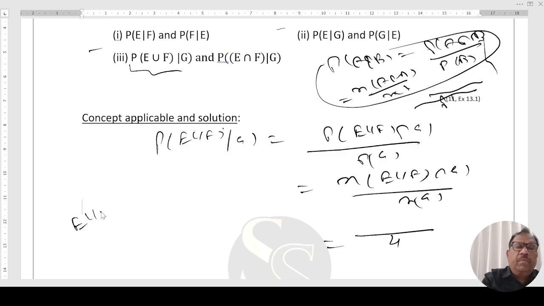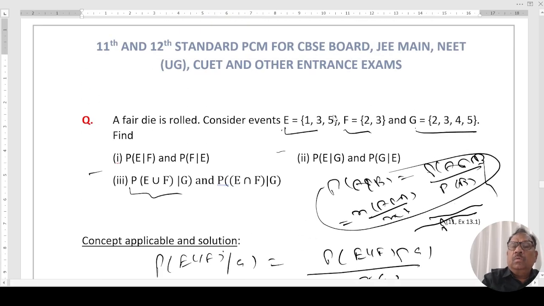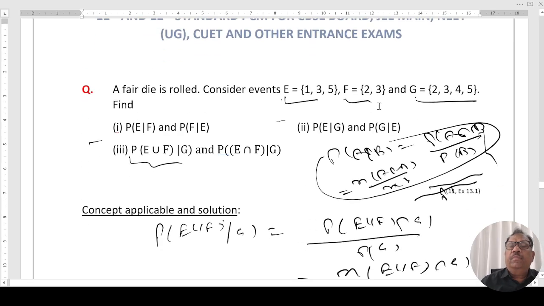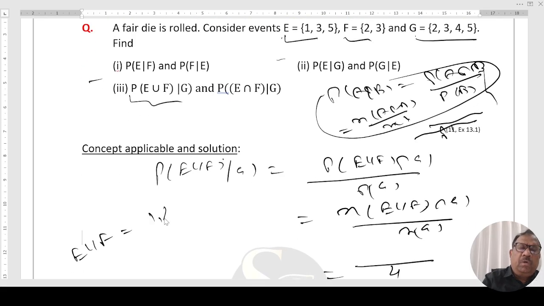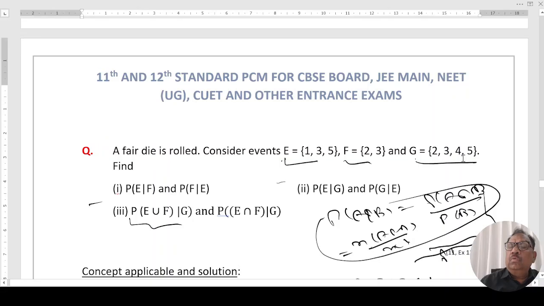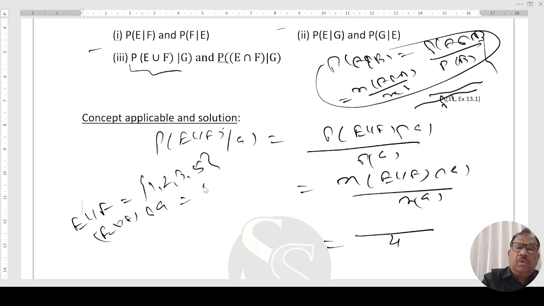E union F comes out to be 1 2 3 5, and (E union F) intersection G comes out to be, G being 2 3 4 5, 5 is not common, so the intersection we need is 2 3 5.